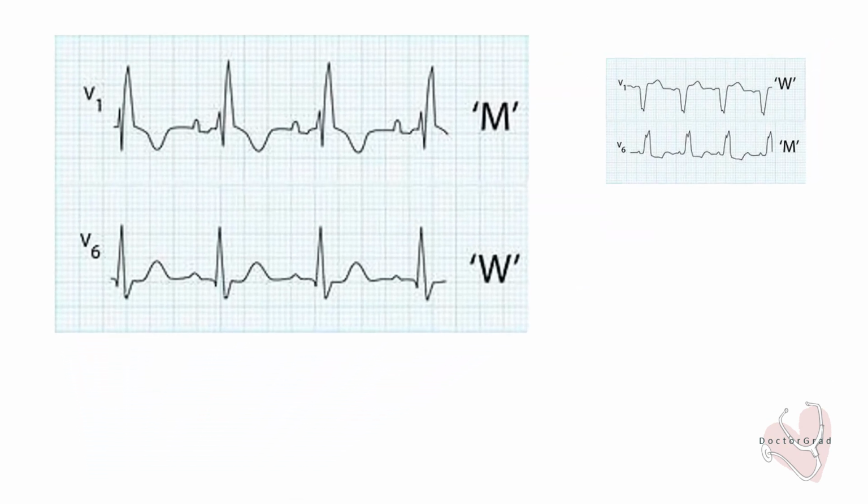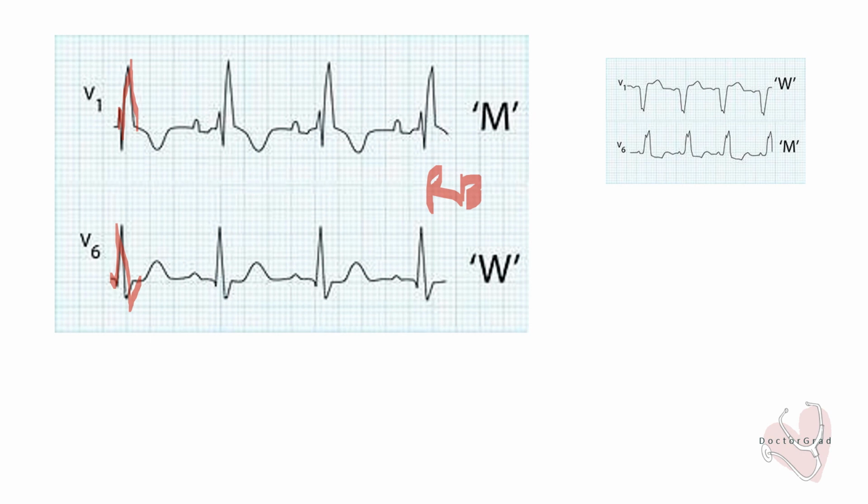This is the ECG. Here we have an M pattern in V1. See, here is your M. See, RS, R', okay, and a W pattern in V6, that is RBBB.